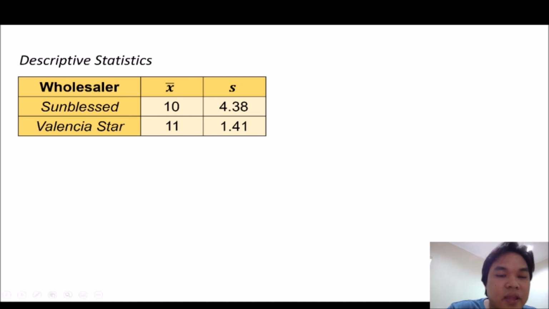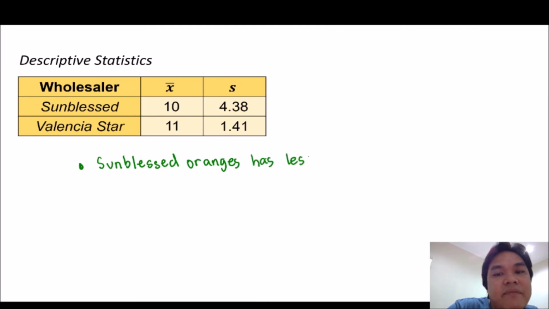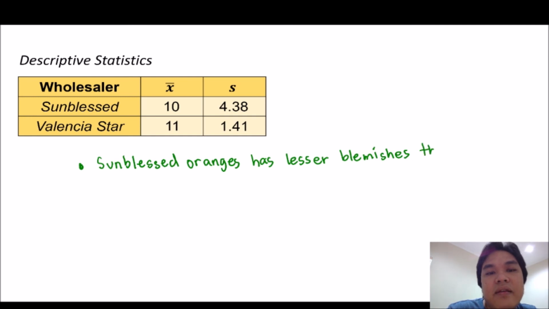So what we can take note of is Sunblest oranges have fewer blemishes than Valencia Star.